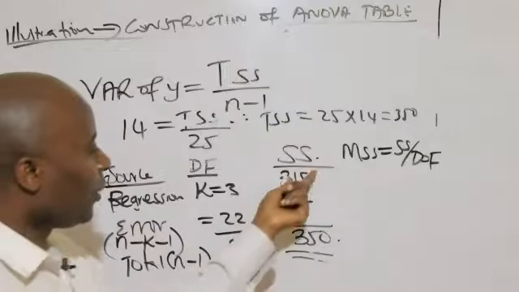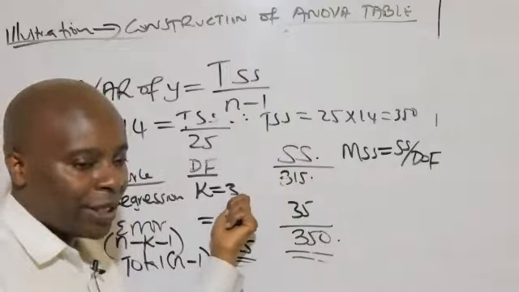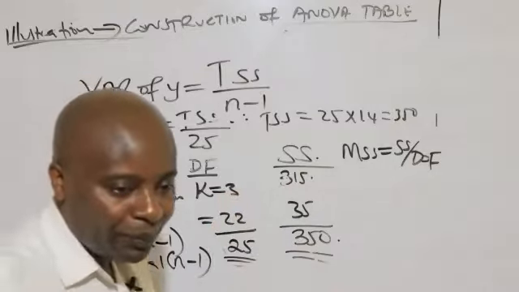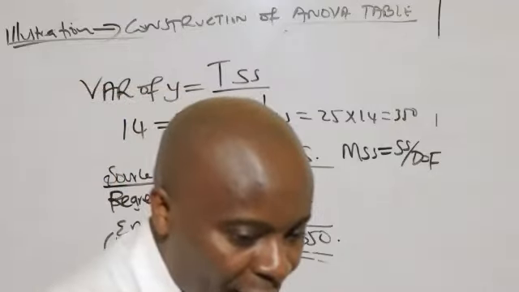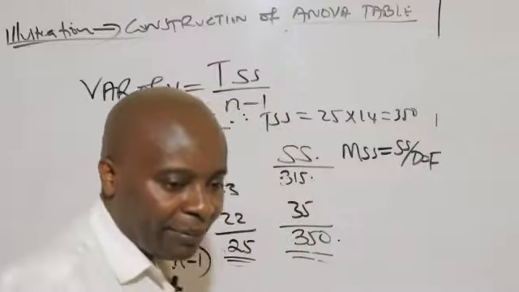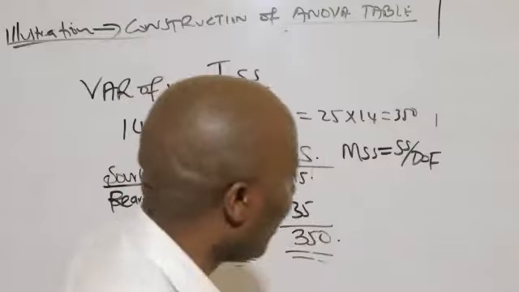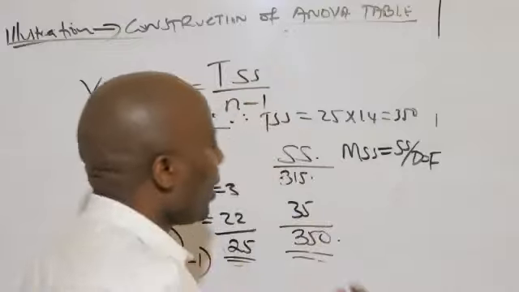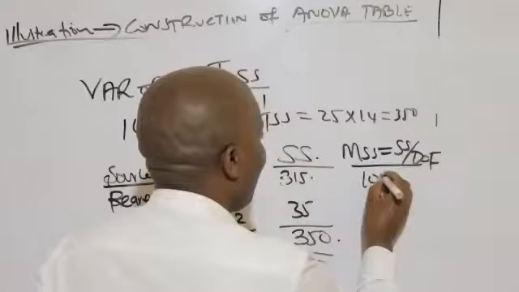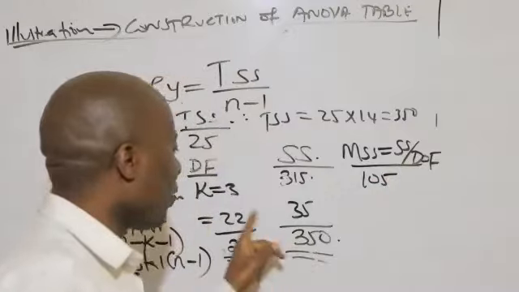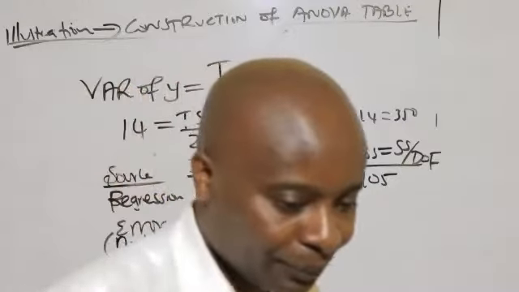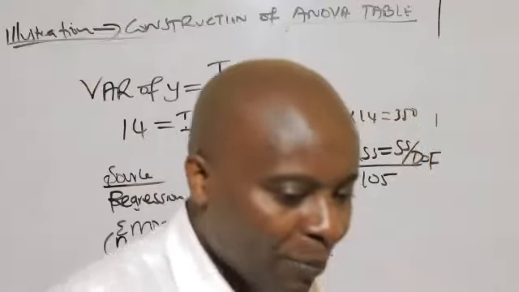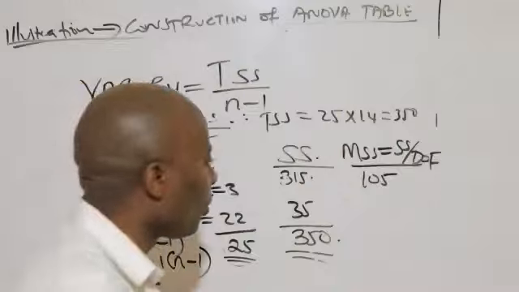You take 315 divided by the corresponding 3. 315 divided by 3 will give us 105. What about 35 divided by 22? 1.59 or 1.6. 1.59 seems to be popular.